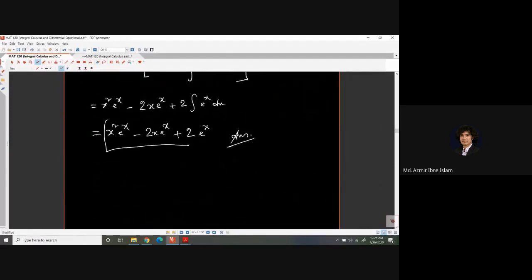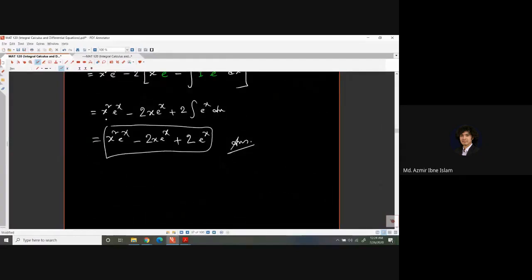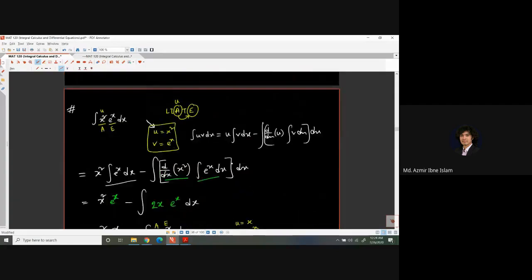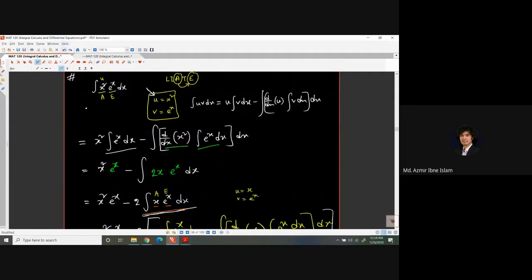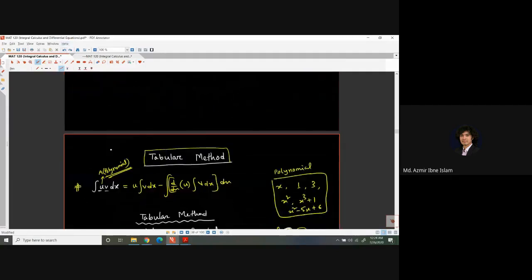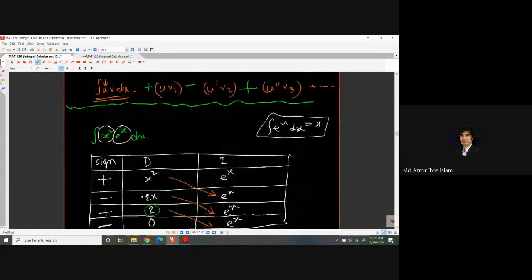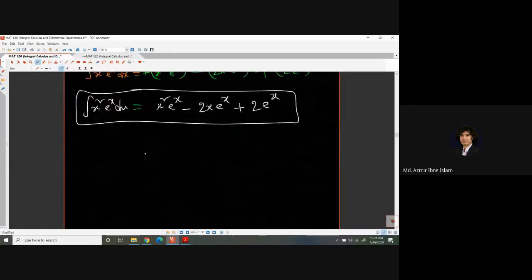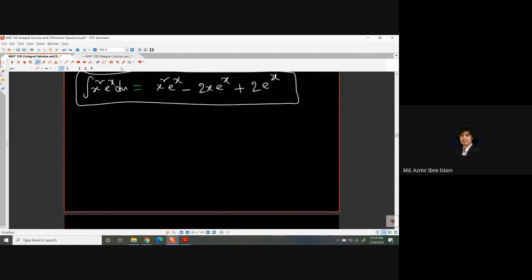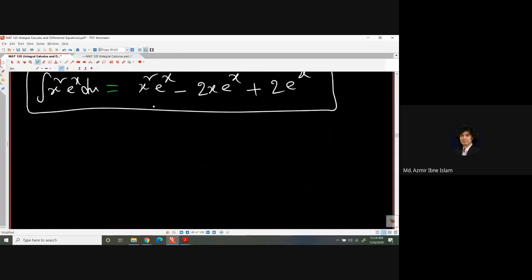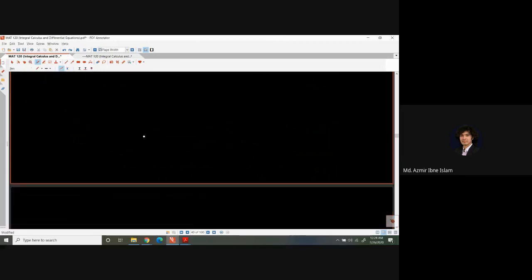We have found the same result here, where we applied the integration by parts technique, but the same result has been found by using the tabular method. So I hope you have understood what the tabular method is and how we can deal with the tabular technique in integration by parts. Okay, I will show another example so that you can easily figure it out.